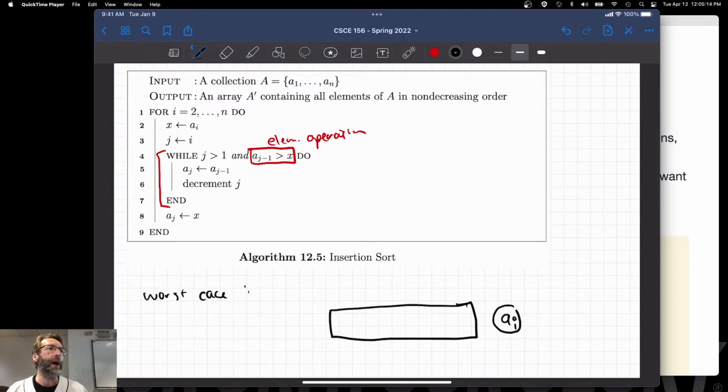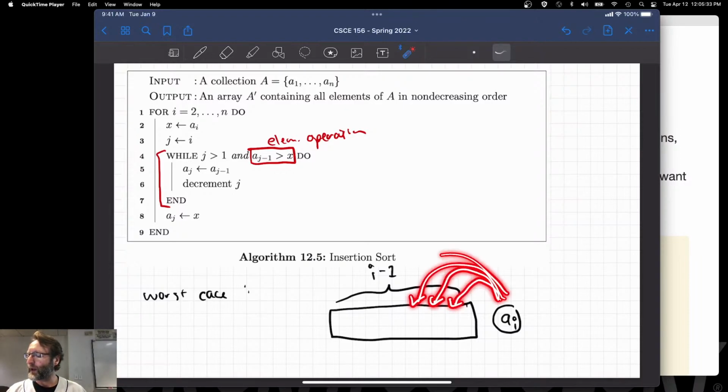And you've got how many elements before it? Well, if this is the ith element, then you've got i minus 1 elements to the left of it. You don't compare a sub i with itself, that would be useless. So we only compare it with this element, maybe this element, this element, this element, dot, dot, dot. In other words, all of the elements.